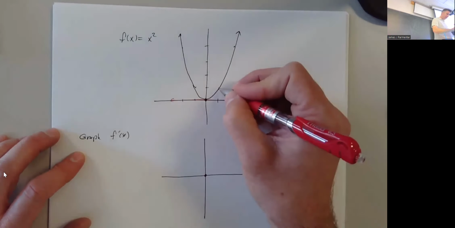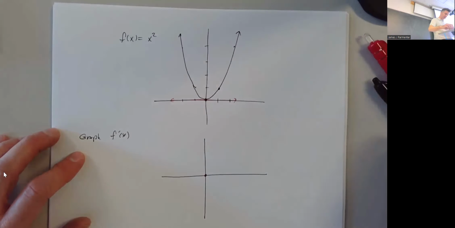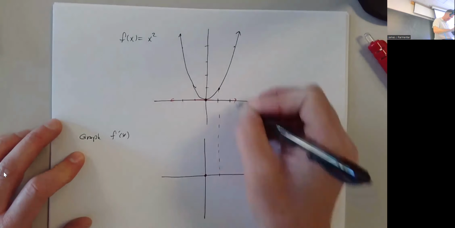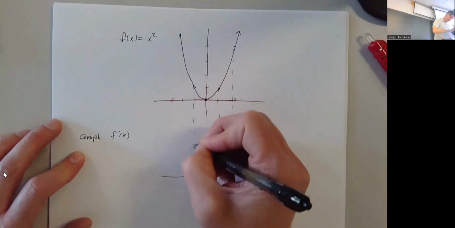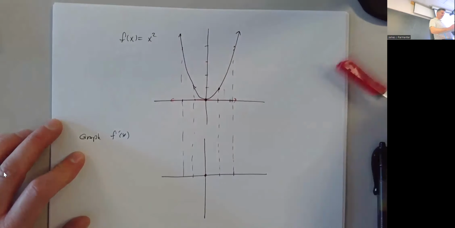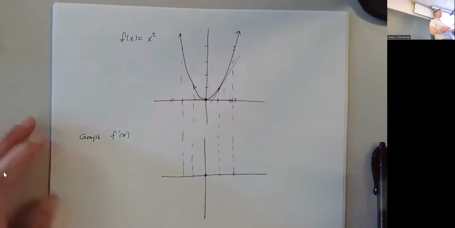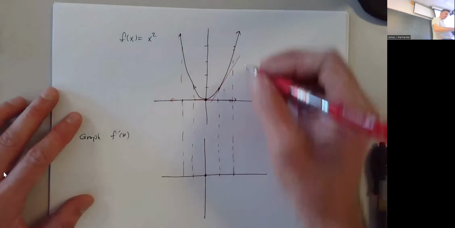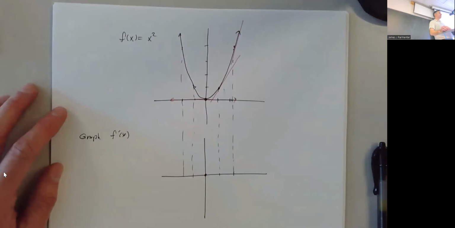Okay, how about right there? When x is equal to 1. In fact, let's just do this. Trying to line things up here. So when x is equal to 1, is my tangent line having a positive slope or a negative slope? Definitely positive. And when x is equal to 2, does my tangent line have a more positive slope or a less positive slope?